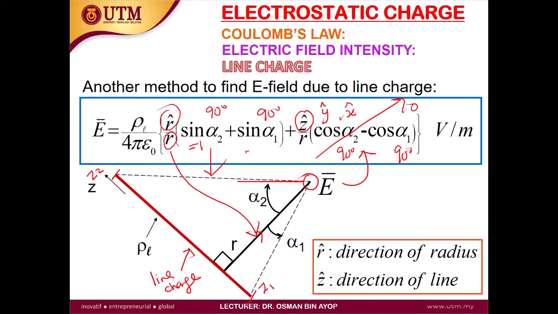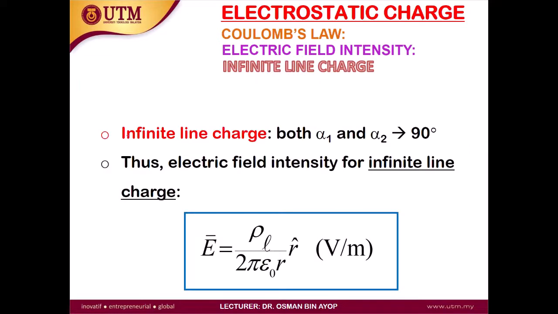This one is also equal to 1. So 1 plus 1 equals 2, and you can cancel it out with this part. So as a conclusion, it can be simplified into these expressions. E is equal to rho L divided by 2 pi epsilon naught R, in the direction of R. Right? So this is a very important characteristic.